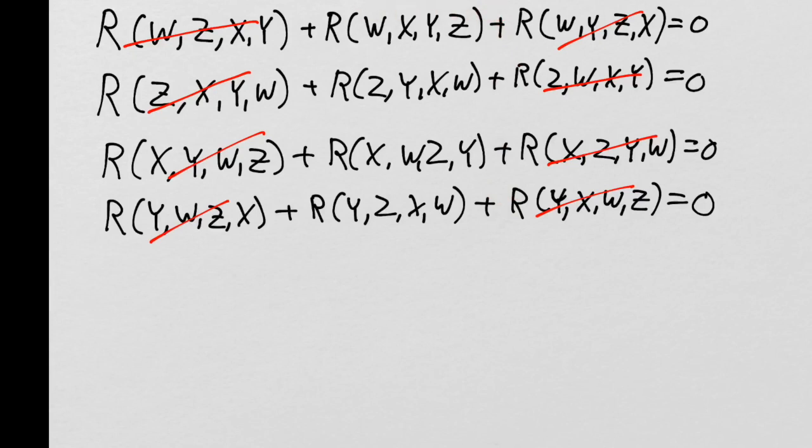And what happens here is I get W X Y Z and I get X W Z Y. So in order to make these two the same, I would have to flip this one, the W with the X. That would introduce a minus sign, but then I have to flip this one too, which introduces another minus sign.